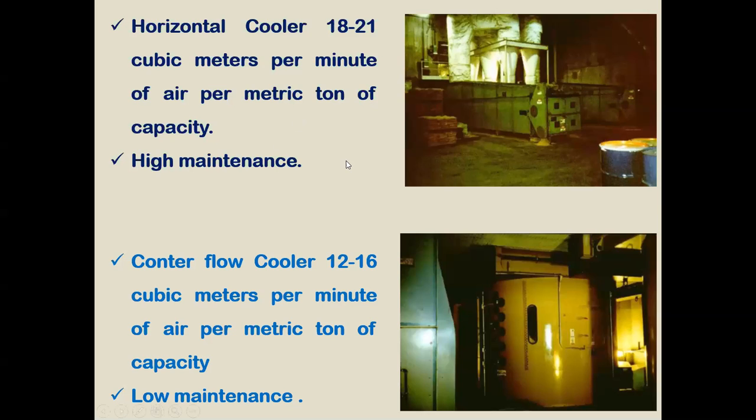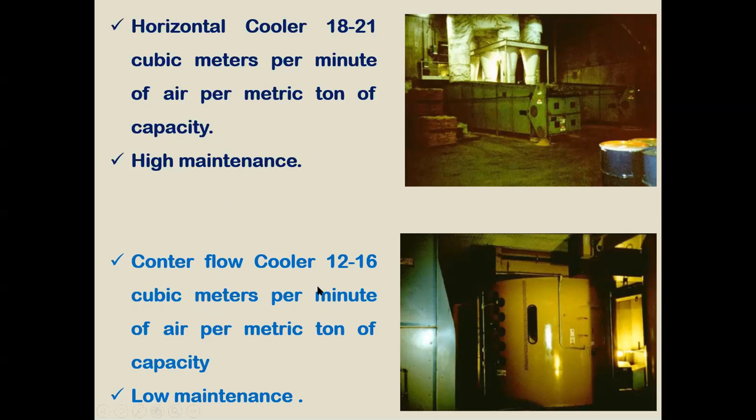There is one horizontal cooler, where 18 to 21 cubic meters per minute of air is passed per metric ton of capacity of the feed plant, and this cooler requires high maintenance, because cooling is a very important part of the pellet unit, and air should be passed properly through that cooler.